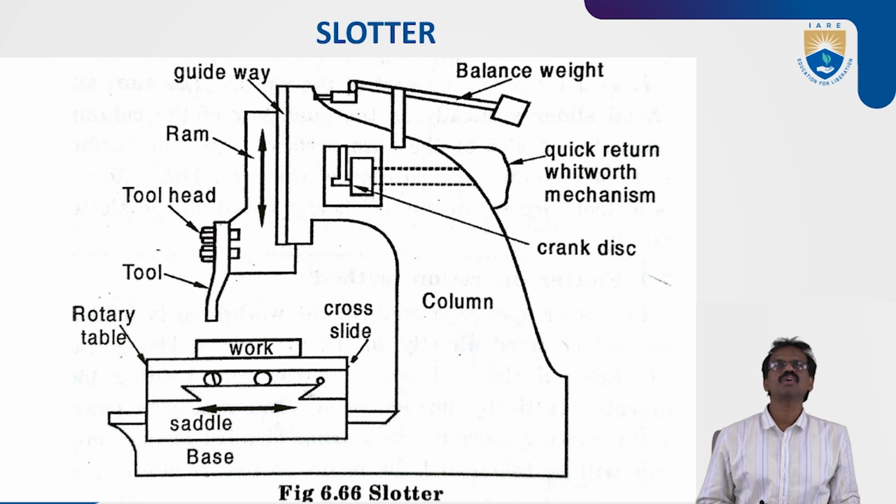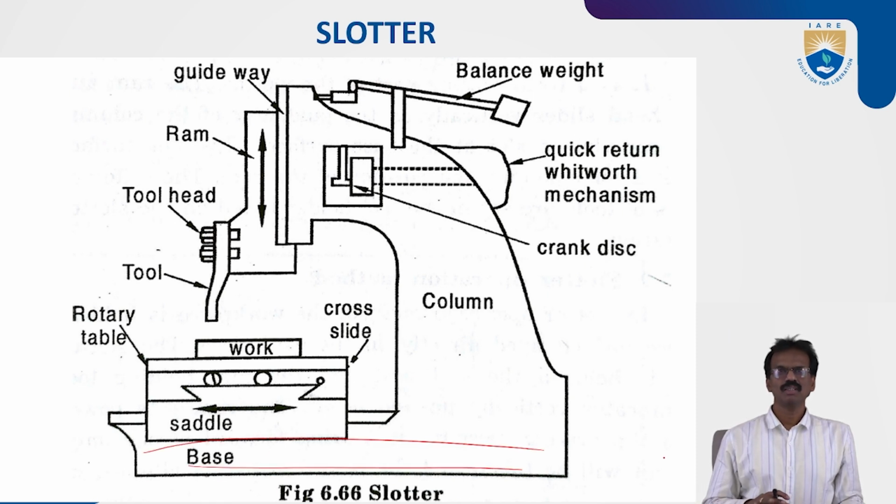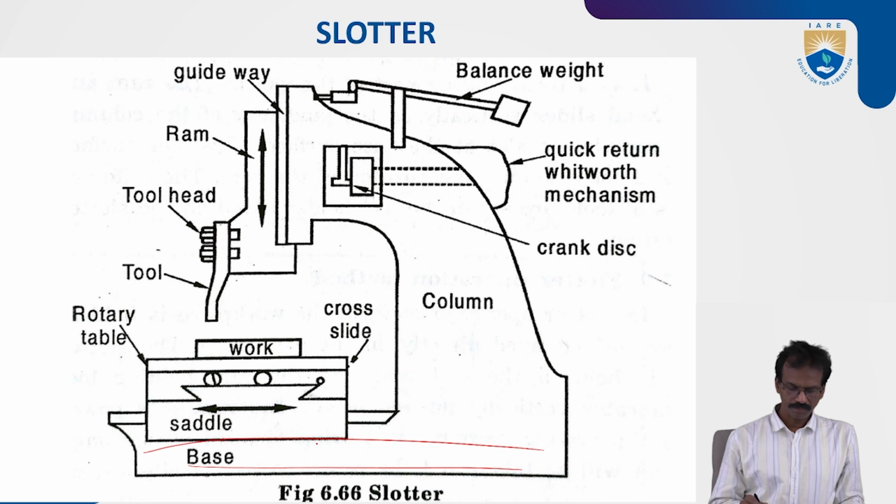This one is the block diagram of the slotting machine, or slotter. It has a base, and on this base all the remaining parts are positioned. On this base the guideways are there. These guideways are perpendicular to the vertical column of this block.